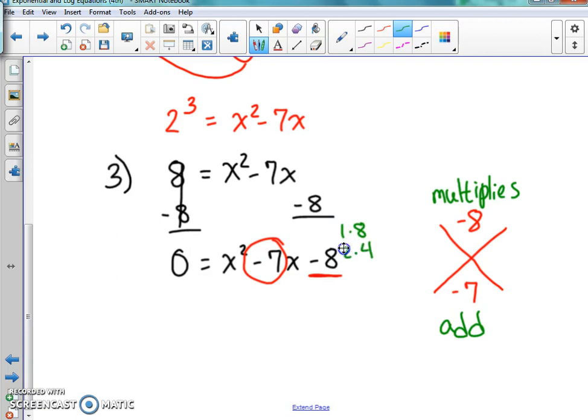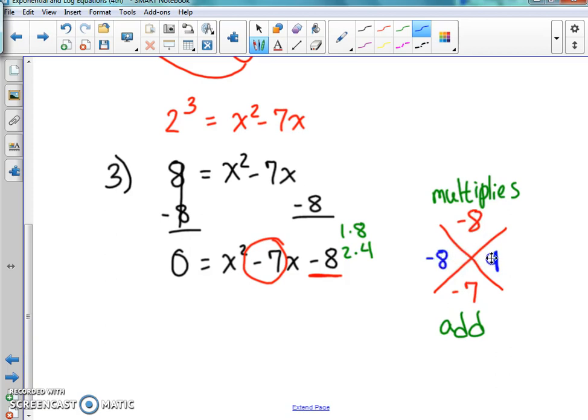That makes up 8. So we just have to figure out where the negative will go, because we have to get a negative 7, and we also have to get negative 8. And hopefully, as you finagle these around and try to figure out which one should be negative, which one should be positive, you should get negative 8 and a positive 1 multiplied to give you a negative 8.